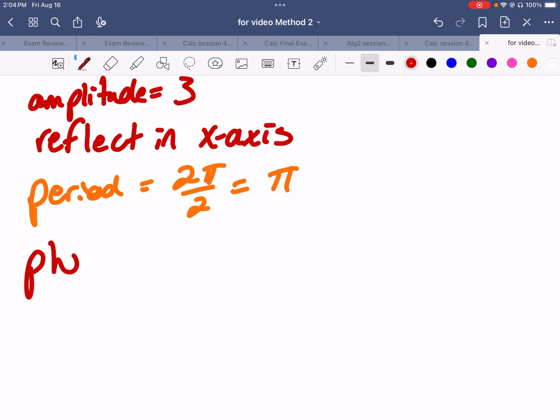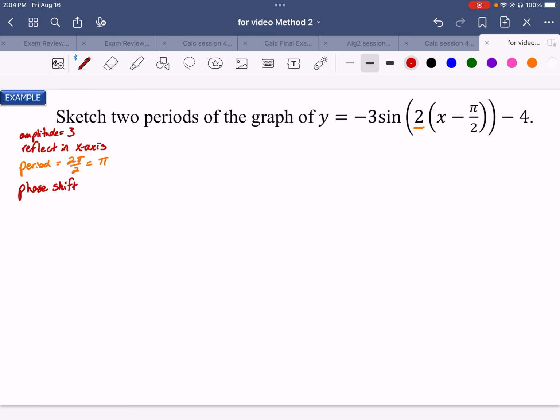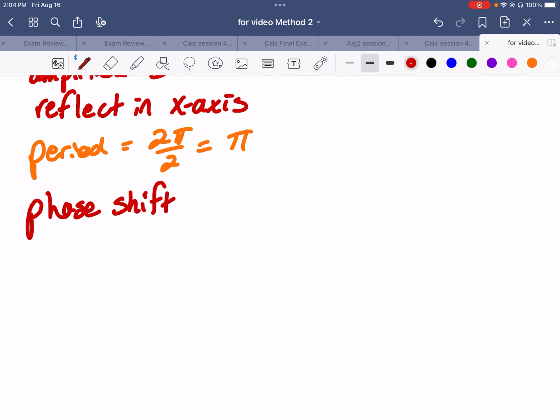Then the phase shift. The phase shift, that's going to be this minus pi over 2 here. So it's just going to move to the right pi over 2. So you can just say pi over 2, or if you want to be a bit redundant, pi over 2 to the right. But technically, you can just leave it as pi over 2.